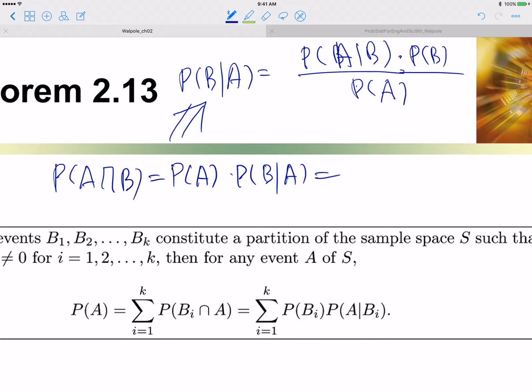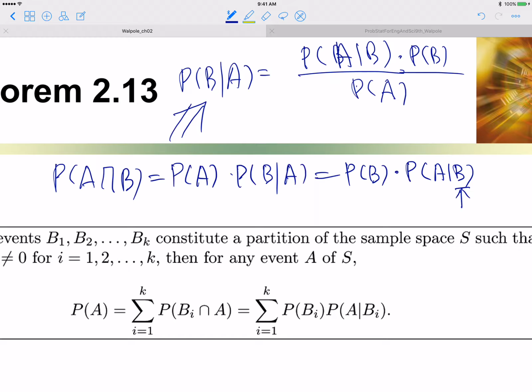And then we can also switch the orders with no problem. So let's consider B happened first, and then A happened next when B happened already.